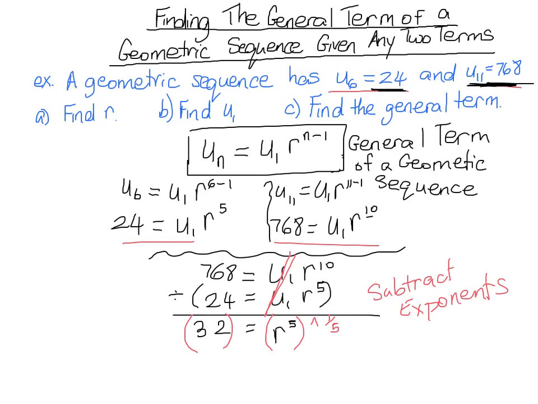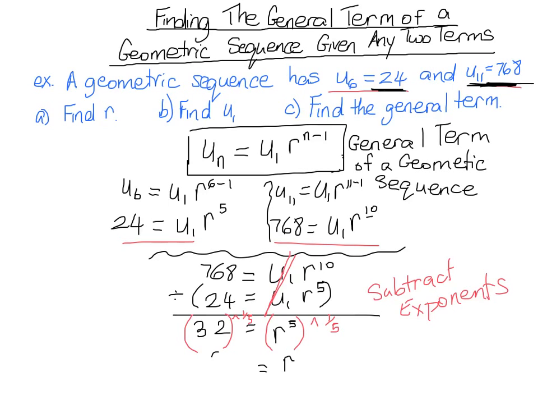If your calculator doesn't have a 5th root button, if you're not working with a TI-84, or you don't know how to find the 5th root in your TI-84, feel free to just raise this number to the 1/5 power in order to solve for R. Once you've done that, you should get that R is equal to 2.